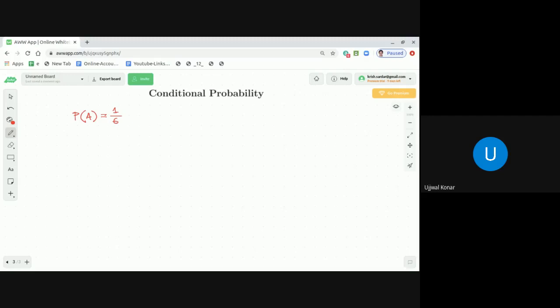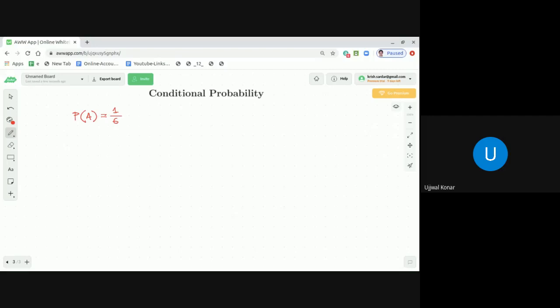Now I change the problem a little bit. I'm telling you, dear students, that I roll a die and I got an even face. Now can you please tell me what is the probability of getting a face 2? At that time you will tell, oh sir, it is 1 by 3. Why?